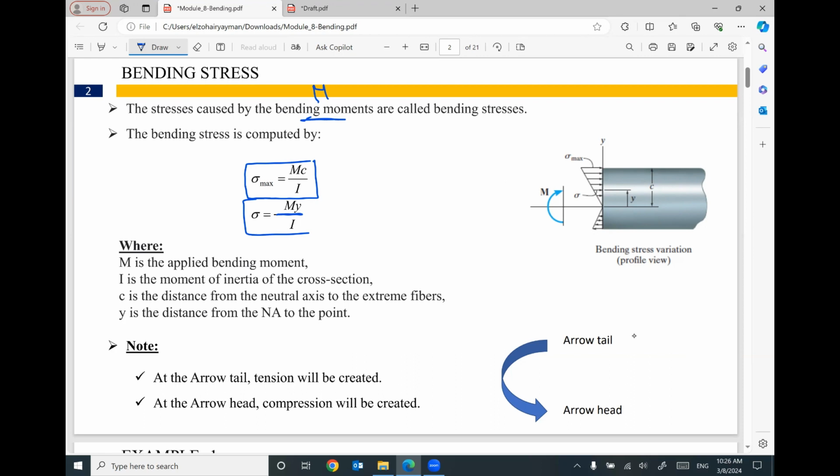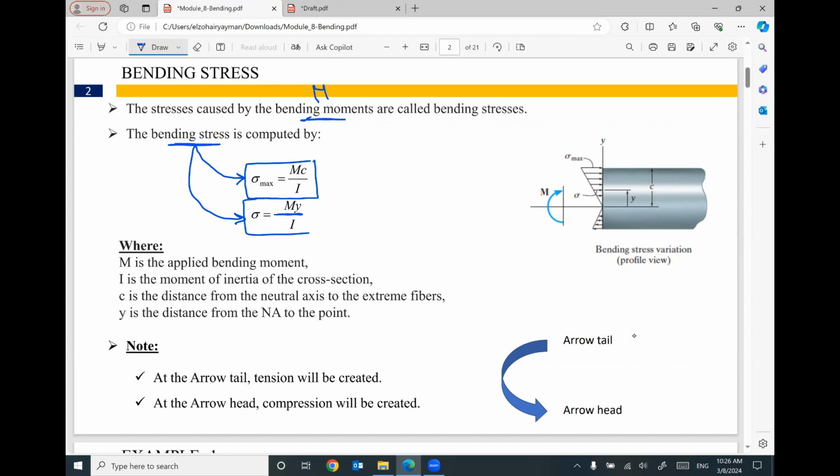They are normal stress, but they are due to the effect of moment, so they can be called bending stress. The bending stress in general can be M times Y divided by I. To calculate the maximum bending stress, I'm going to multiply M times C divided by I.